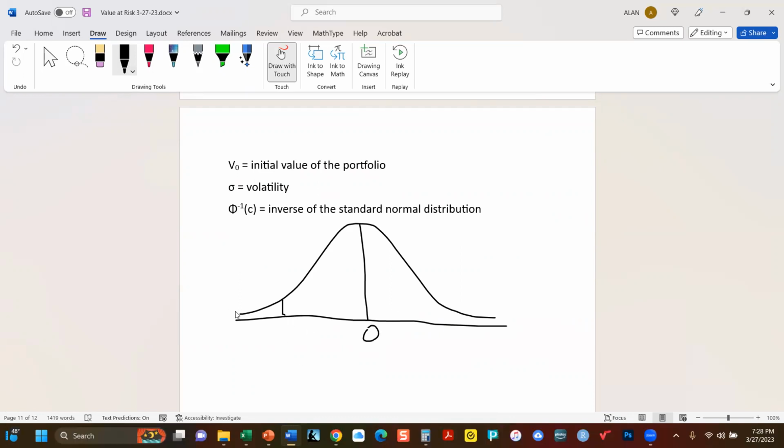The question is, how far below the mean are we here in terms of standard deviations? Well, for this particular case, and we'll look it up in Excel later on, it turns out that this is 1.645 standard deviations below the mean.